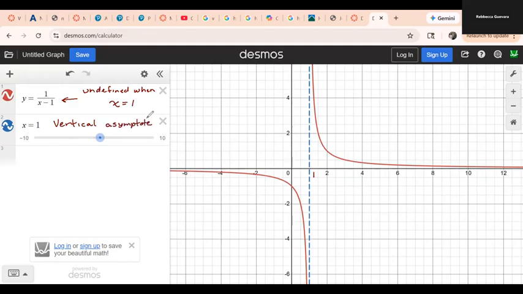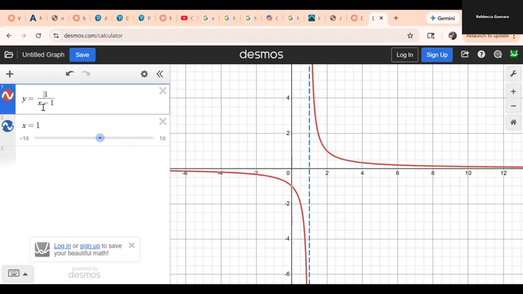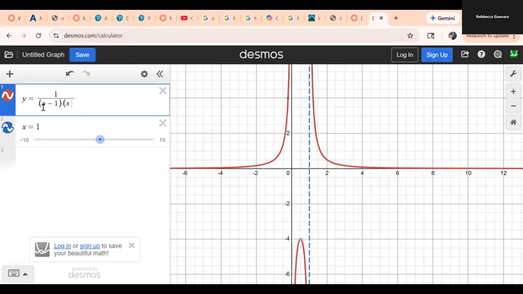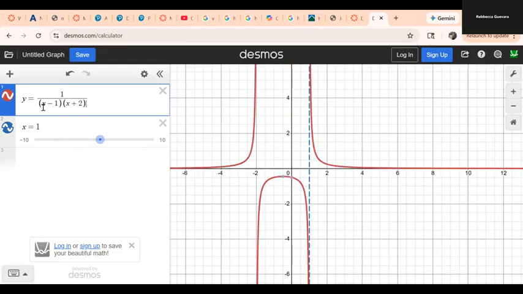So various things will happen here, but what we're seeing here is that every place that I'm undefined, that's where I should end up with an asymptote. So let's add to this just a little bit. Let's say now we have, let's do that now.